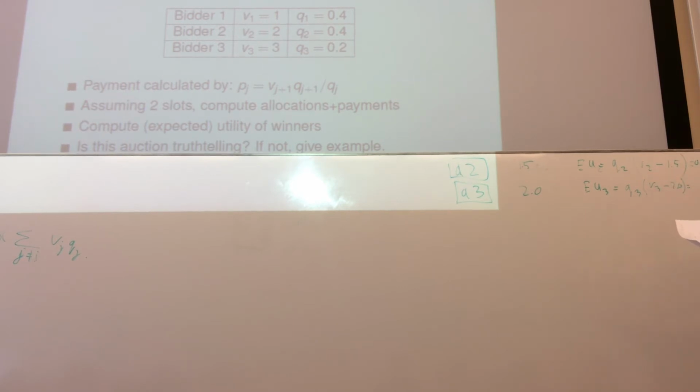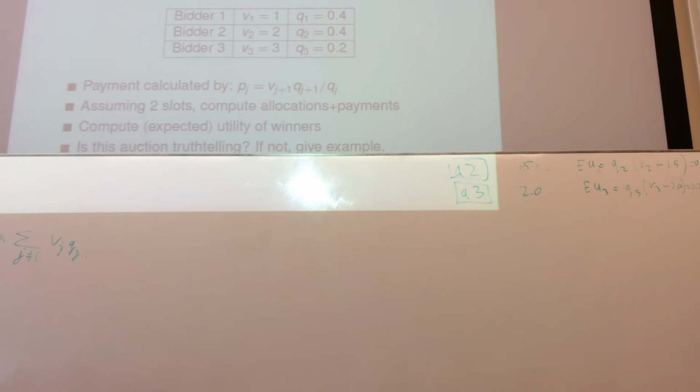That's 0.2 times 3 minus 2, 1. Yeah, okay, correct. That's 1.2. I think that's a coincidence.